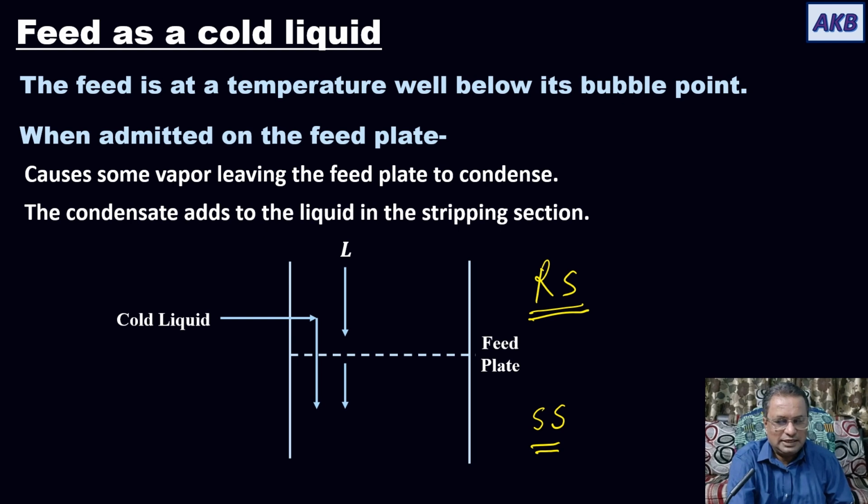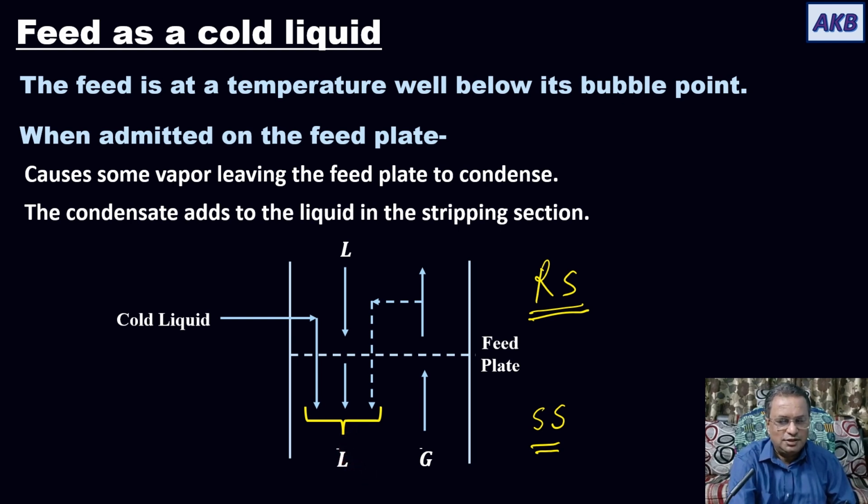Then the vapor phase that is rising from the stripping section will come to the feed plate, and as it rises from the feed plate, what is going to happen? Due to the low temperature of the feed, some portion of the vapor is going to get condensed, and the condensate will be adding to the liquid that results in the stripping section.